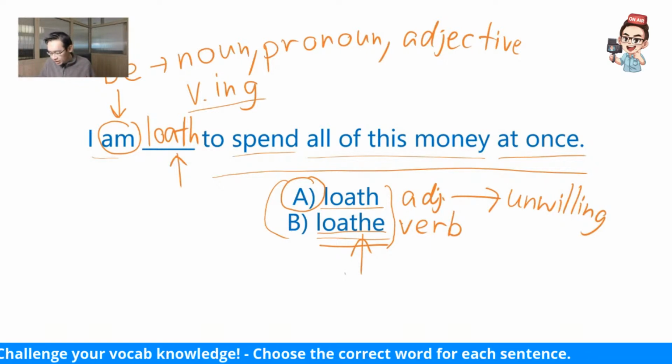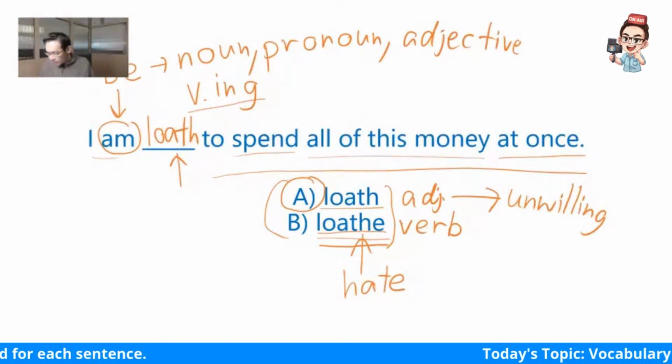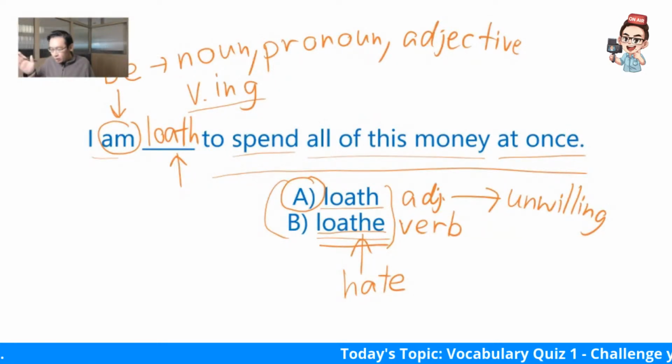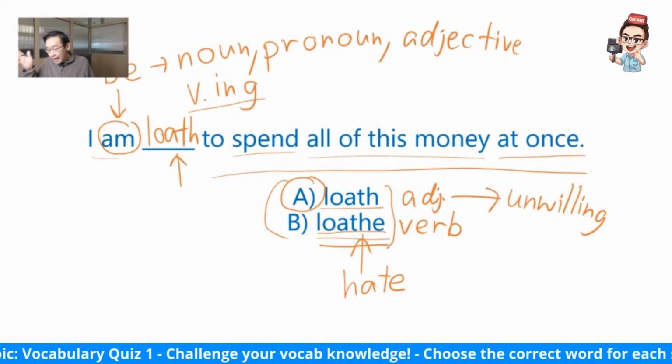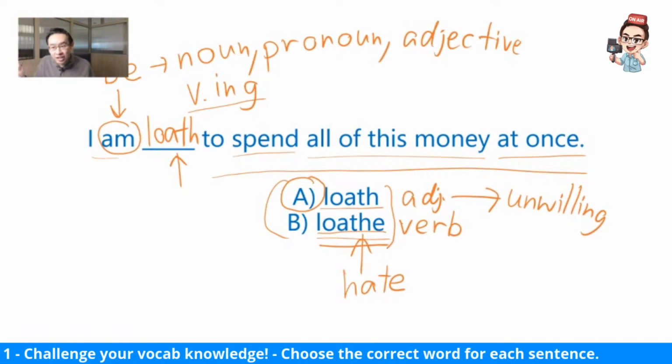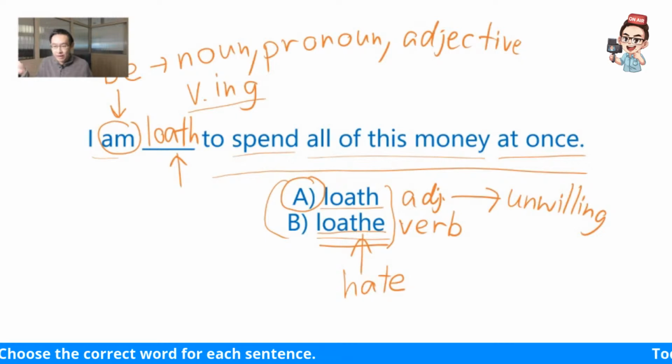So we have loath, which is an adjective, unwilling, and loathe, which is a verb, which means hate. Okay, so anyway, the correct answer here is A. I am loath to spend all this money at once.